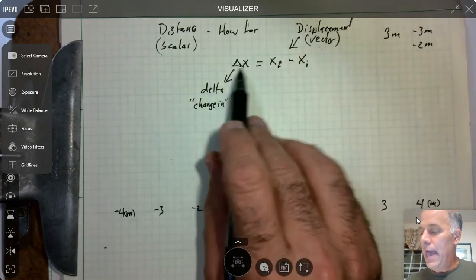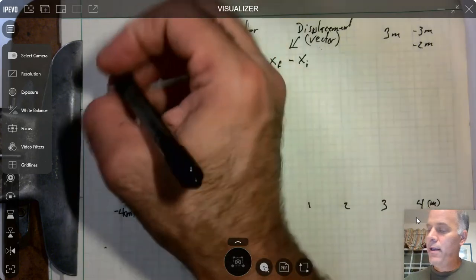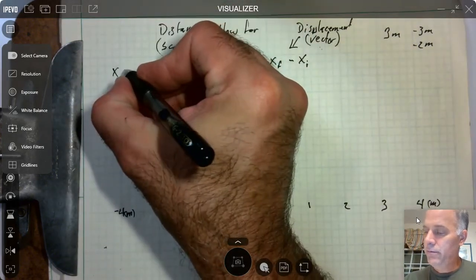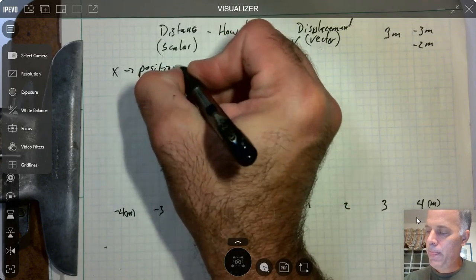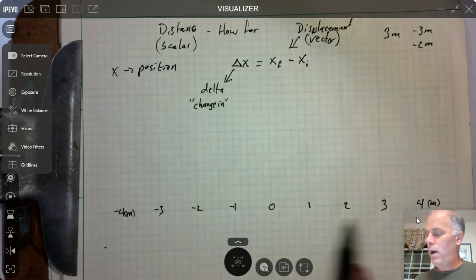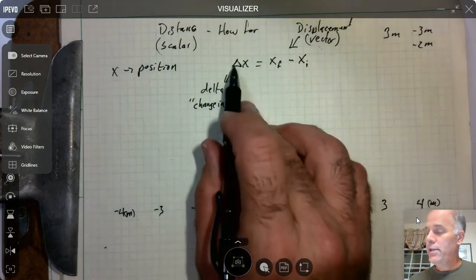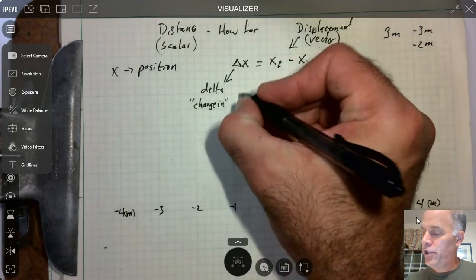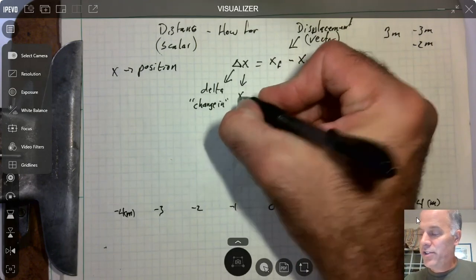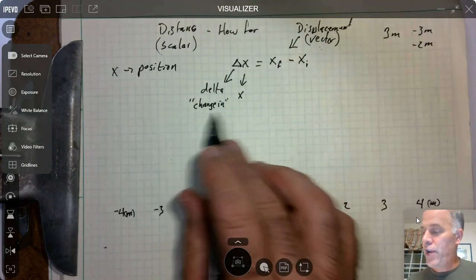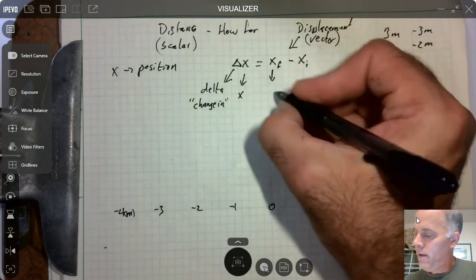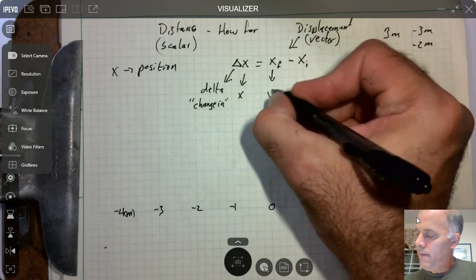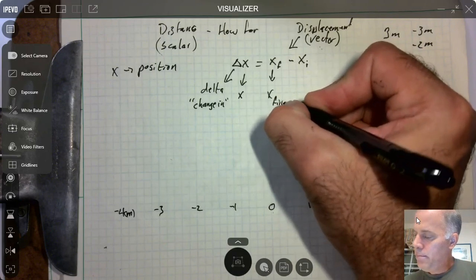And x, I should have mentioned this before, x is position. So whatever number we pull off our position chart here, those are the numbers we plug in here. So delta x means a change in position, but we just say change in x, and that is equal to the final position.